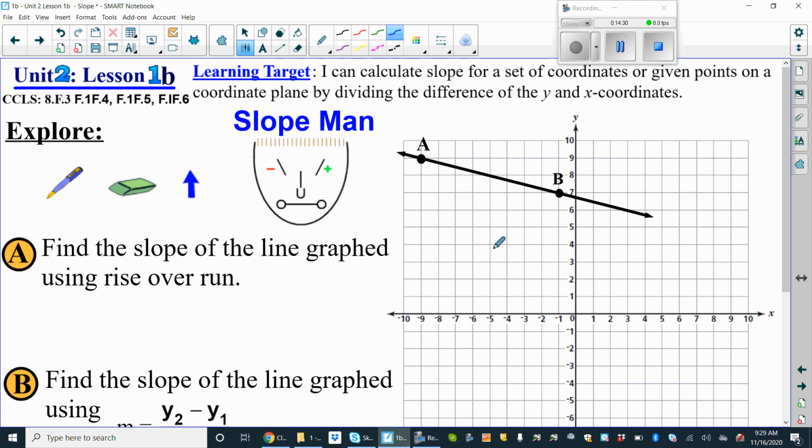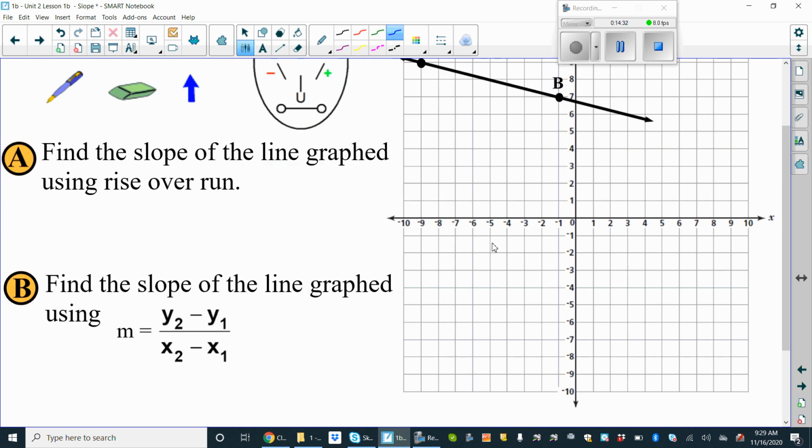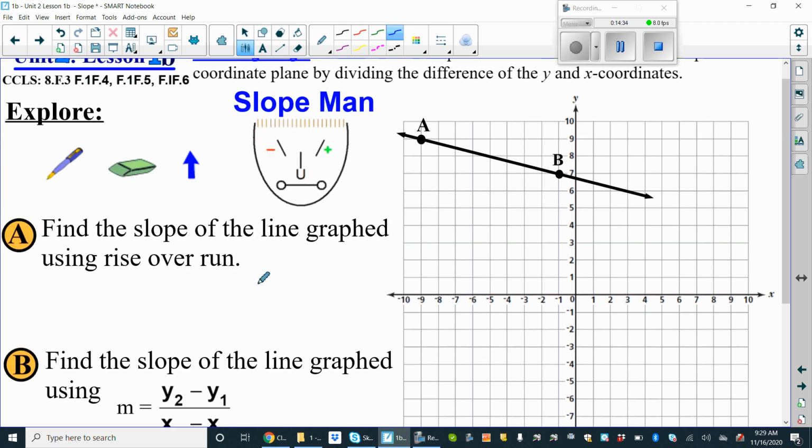So again, for this one, we're going to compare finding the slope of a line using rise over run to the slope of a line using m equals y2 minus y1 over x2 minus x1. So again, start by always determining when you're going to use rise over run if this slope is positive or negative. From left to right, it moves down.